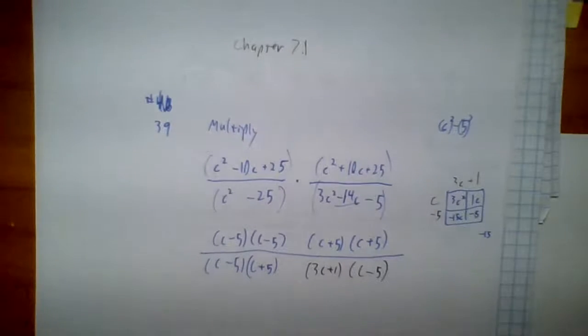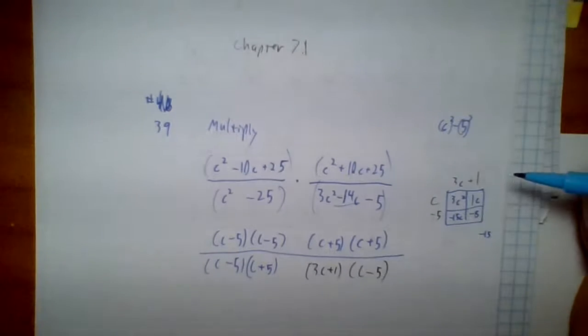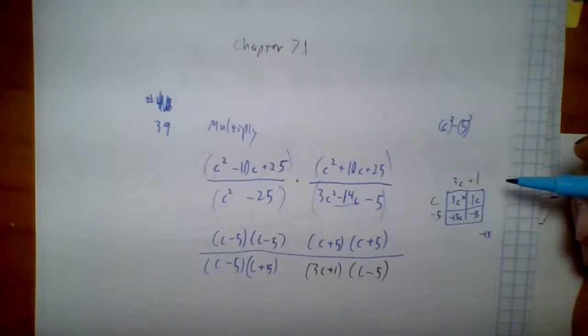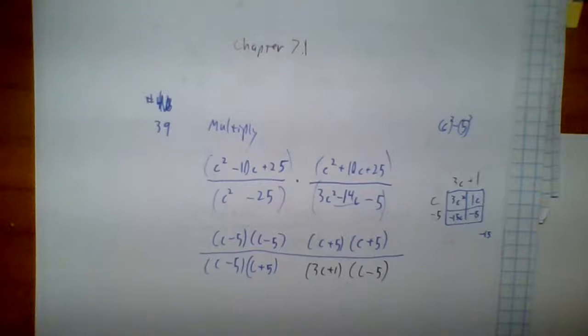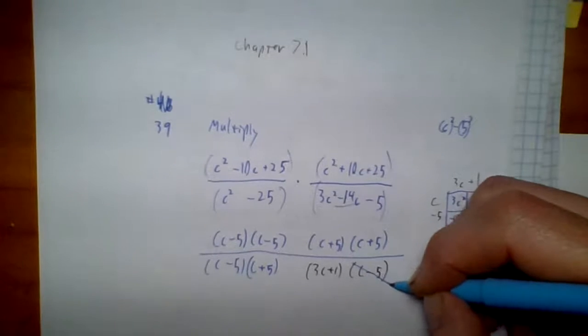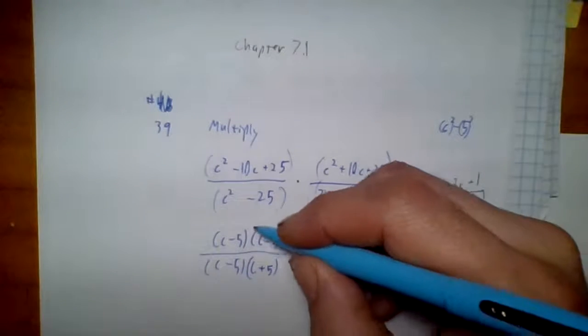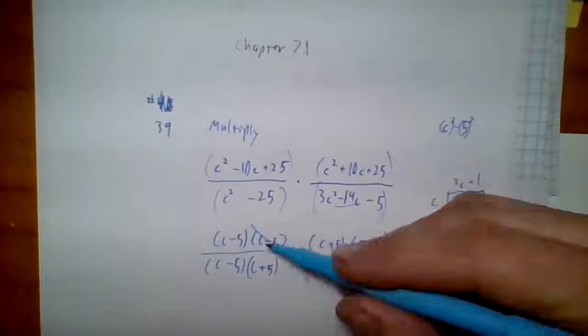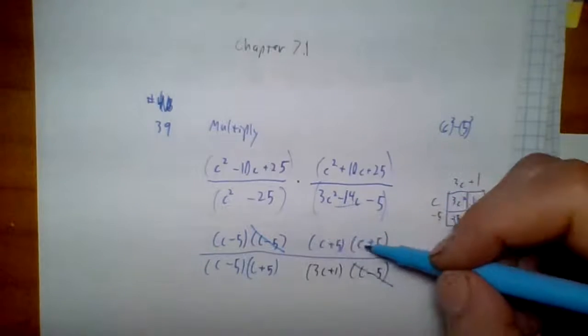Now that everything's factored completely, I can do the simplifying before I put it together. And it's really just playing a matching game here, except all the cards are face up. Now I know exactly what I've got for all of them. You're just getting rid of pairs. As long as the same factor is on the top and bottom, it doesn't matter which side it's on because they're all getting put together.